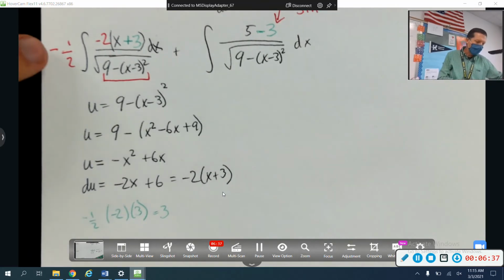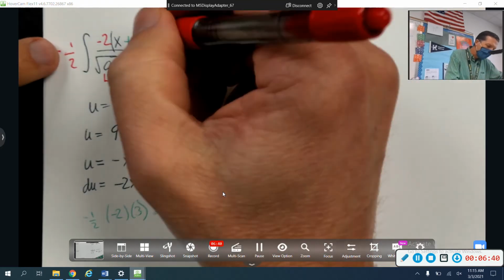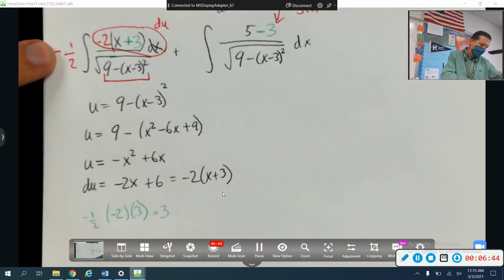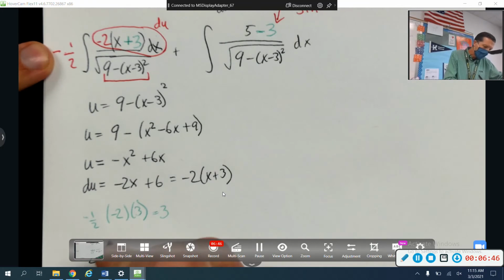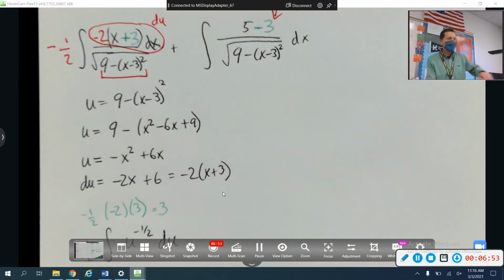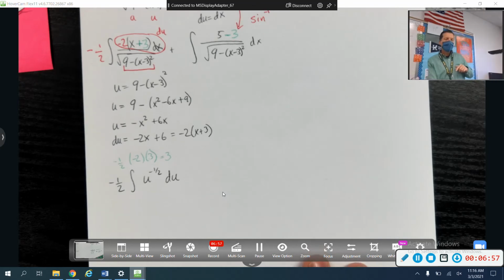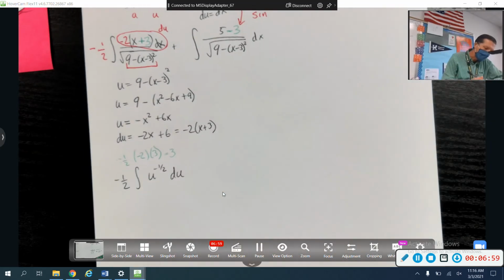All right, so now I'm ready to integrate these two. So all of this is du for my first one. So negative 1/2 antiderivative of u to the negative 1/2 du. Well, let's finish this one out, and then we'll go back and catch this other one.